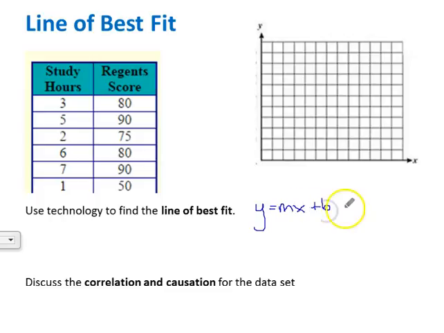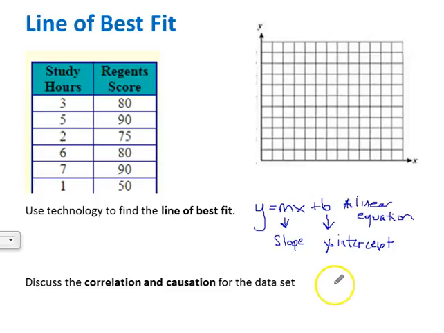Just to review, m represents our slope and b represents our y-intercept. Take a moment to write that down in your math notebook, including what m and b represent. Go ahead and click pause so you can write that down.